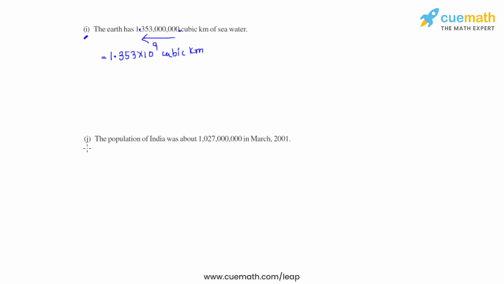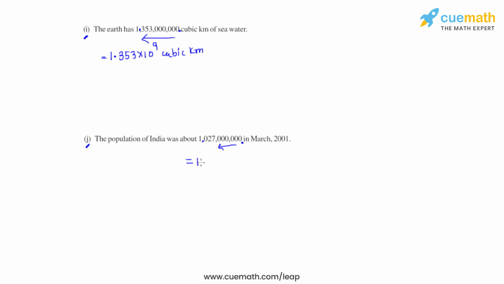Coming to the last part of this question, which is part J, it says that the population of India was about so many people in March in 2001. We'll have to get the decimal between 1 and 0 to get it into the standard form. So the decimal moves by 9 places from this position, which is after the last 0 that we have, towards left.